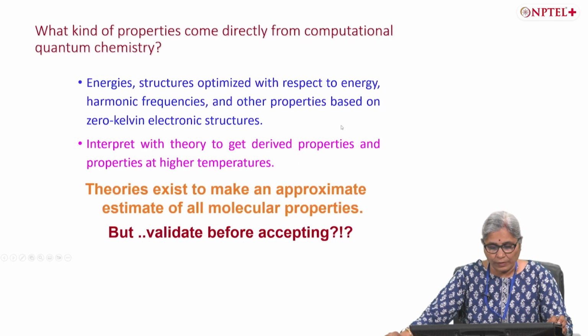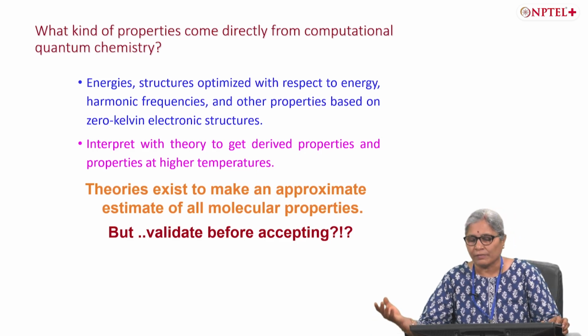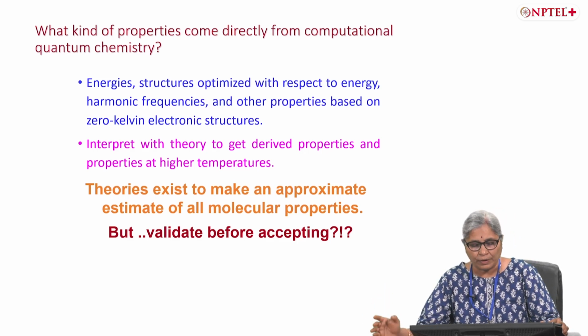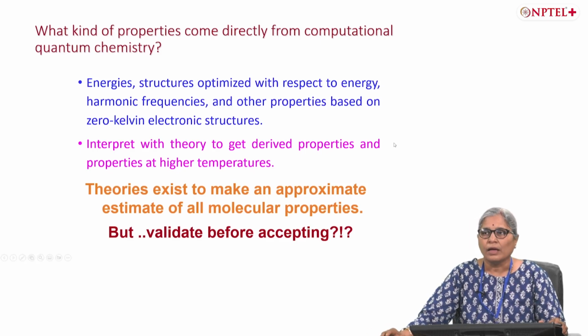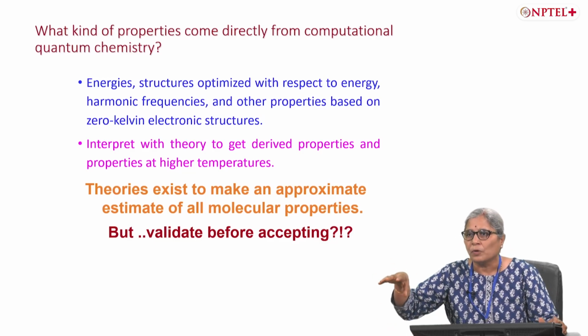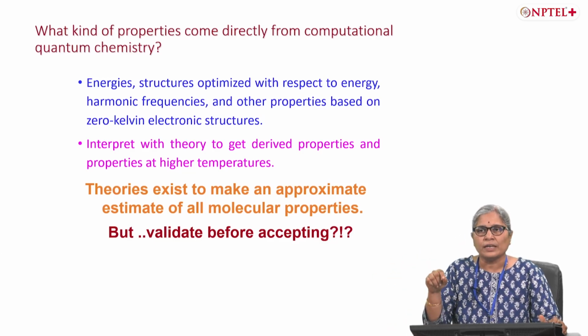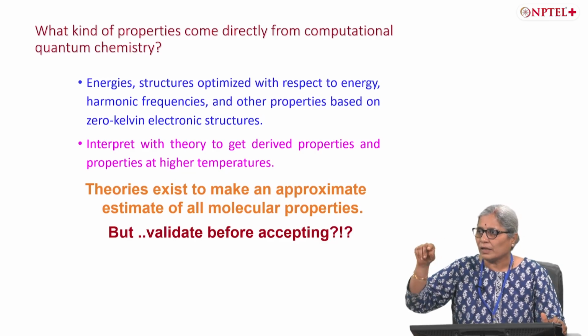So, what kind of properties are you looking to get from these computational studies? You may want the energy of a given material, for example a catalyst material, or a drug-protein or enzyme interaction, or an organic reaction mechanism, because it is very difficult in organic reactions to locate and identify the transition state.